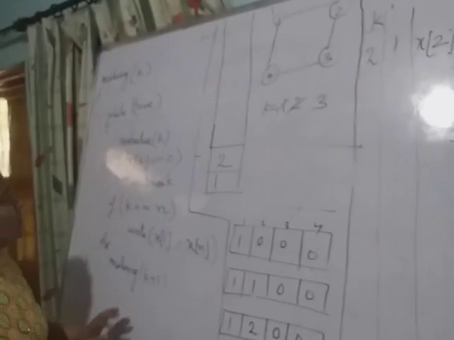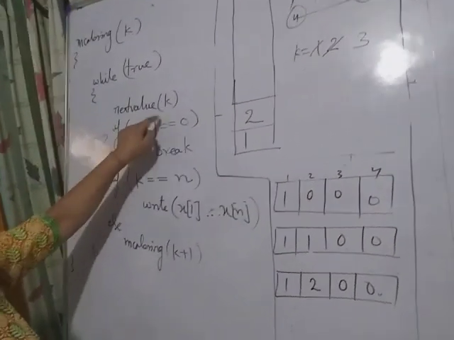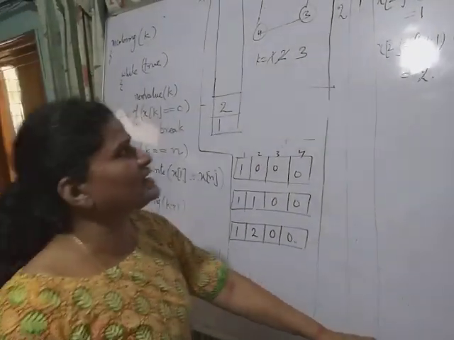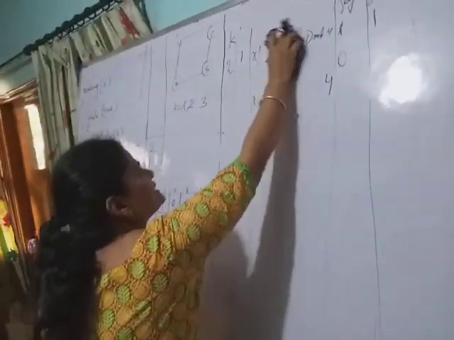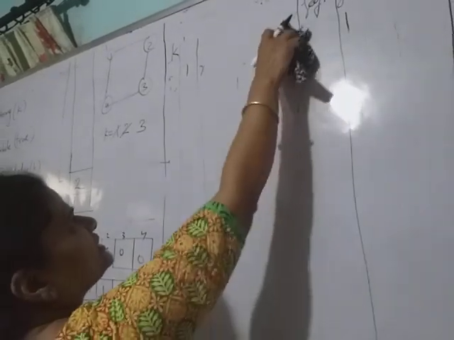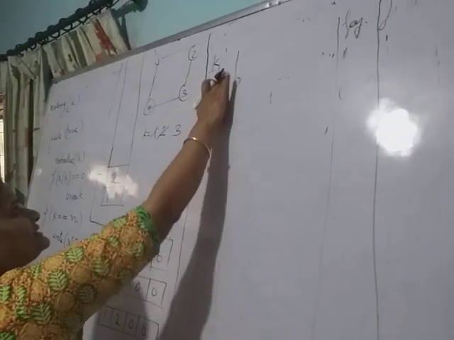Okay, so while true, again the function is called, but at this time with k equal to 3. See the working of this for k equal to 3. K is 3.